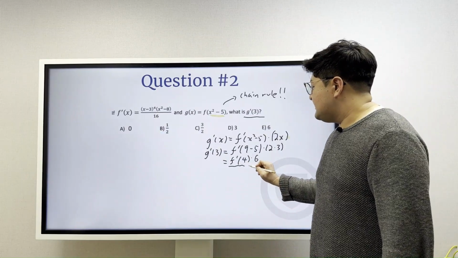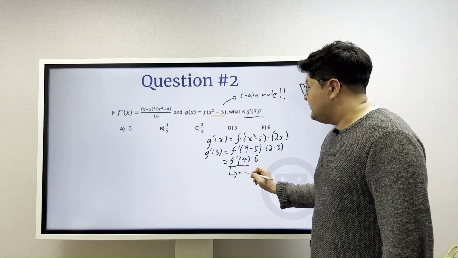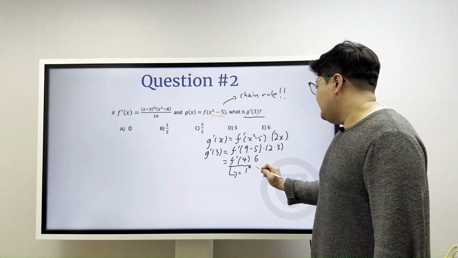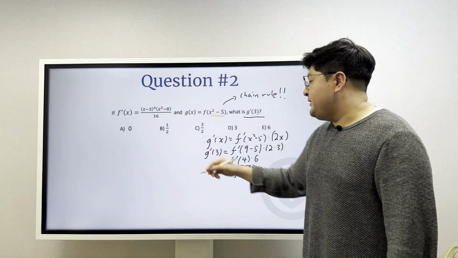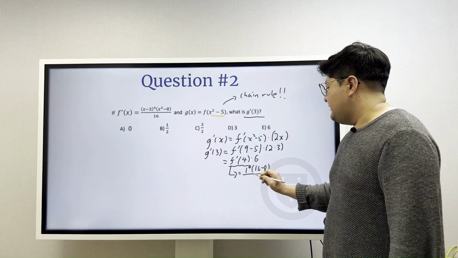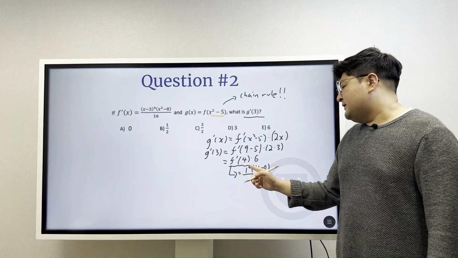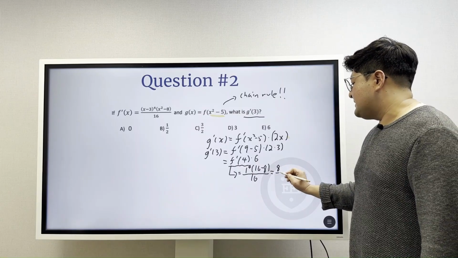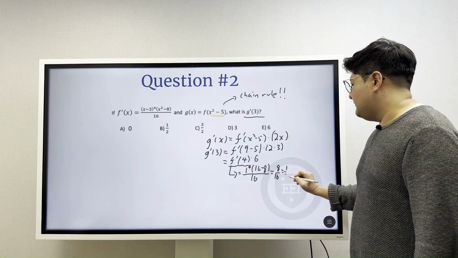So this will give us 1 to the 4th power times 4 squared, which is 16, minus 8, all over 16. 1 to the 4th is just 1. 16 minus 8 will give us 8 over 16, which will be 1/2.